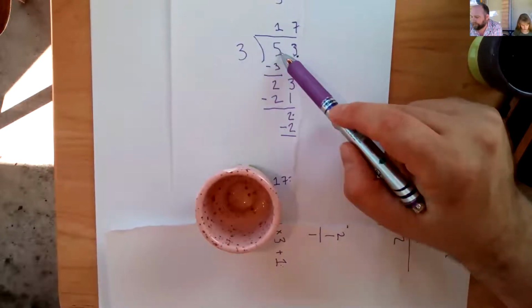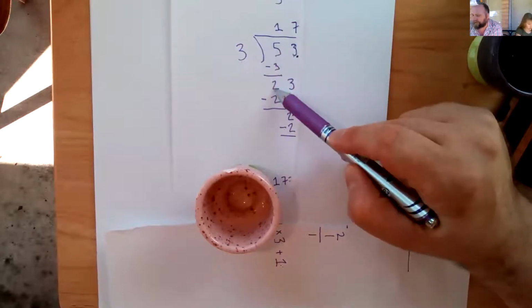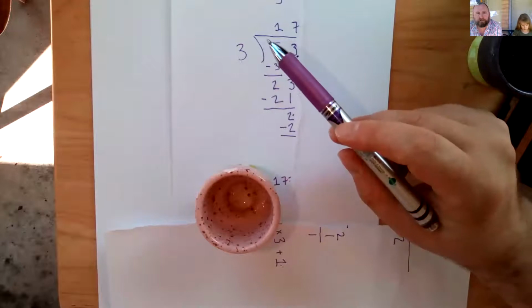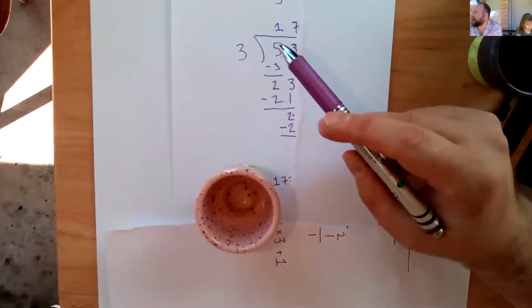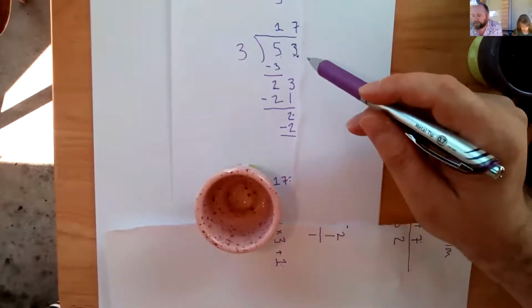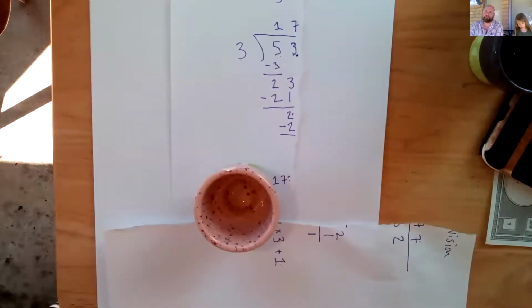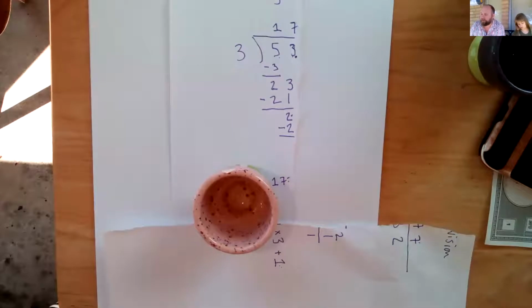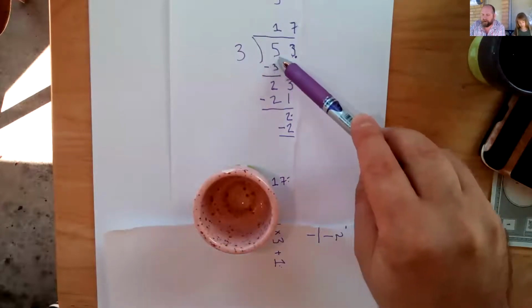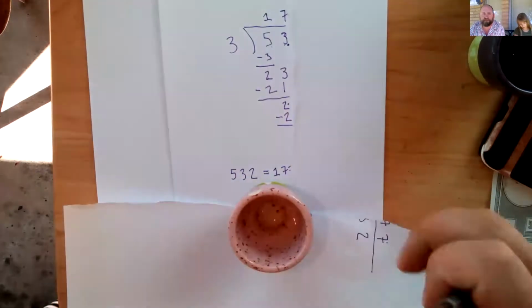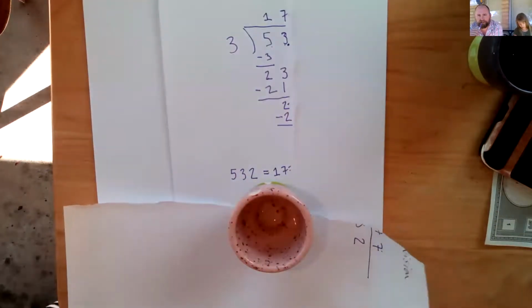3 goes into 5 once with a remainder of 2. The steps are exactly the same, whether this 5 means 50, whether it means 500 like it did in our problem, whether it means 5,000. The steps are the same. So if this had been a 5,300 something, I would have needed $5,000 bills rather than $500 bills.